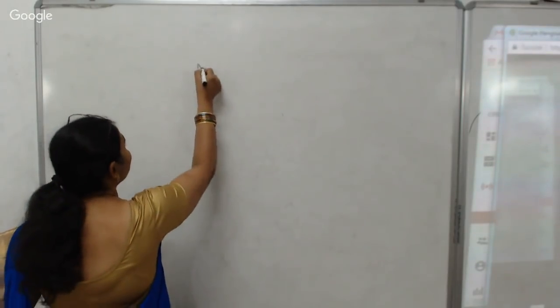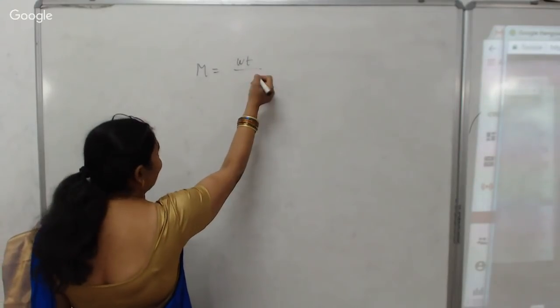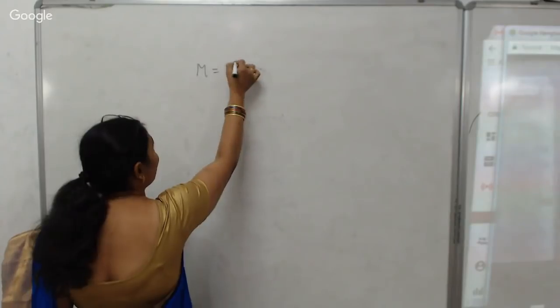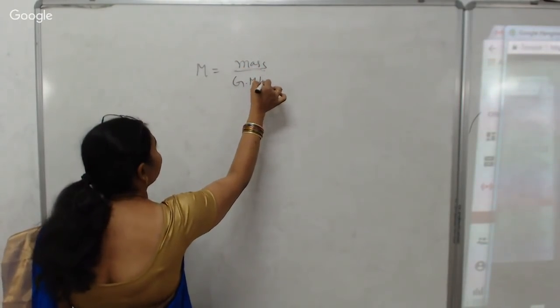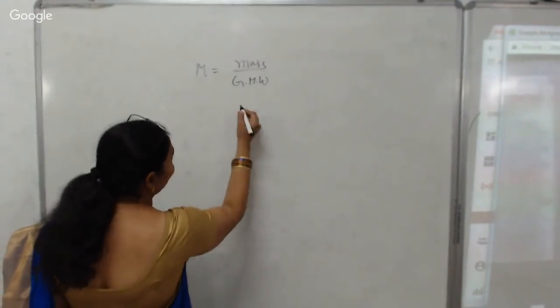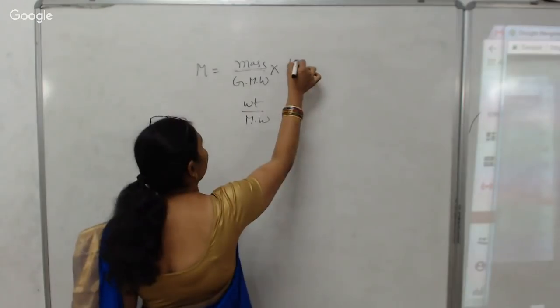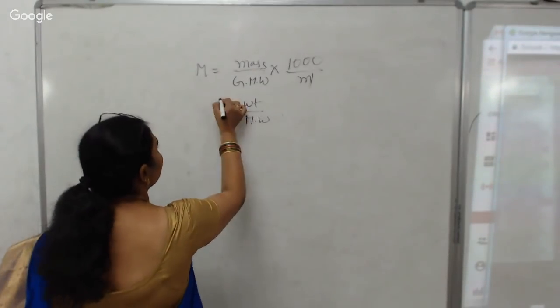M is equal to, okay, what is the formula? Weight by molecular mass, anything is fine. If you are comfortable, please write down mass by gram molecular weight or weight by molecular weight. Anything is fine. Molecular weight into 1000 by ml. Okay, children?